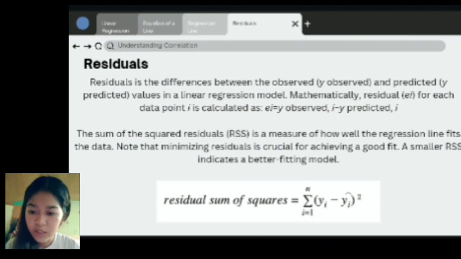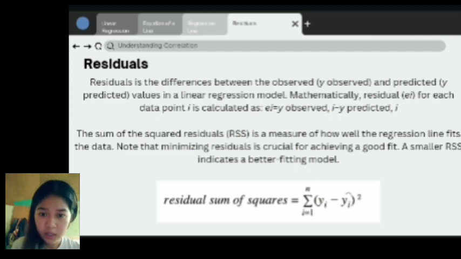Next, we have residuals. Residuals are the difference between the observed y and predicted y values in a linear regression model. Mathematically, the residual of each data point is calculated as e_i equals y observed_i minus y predicted_i.